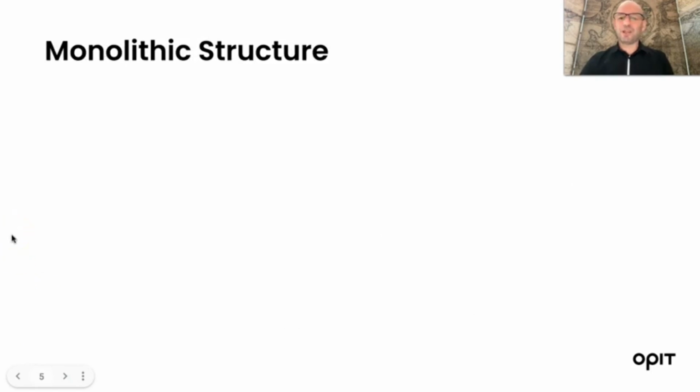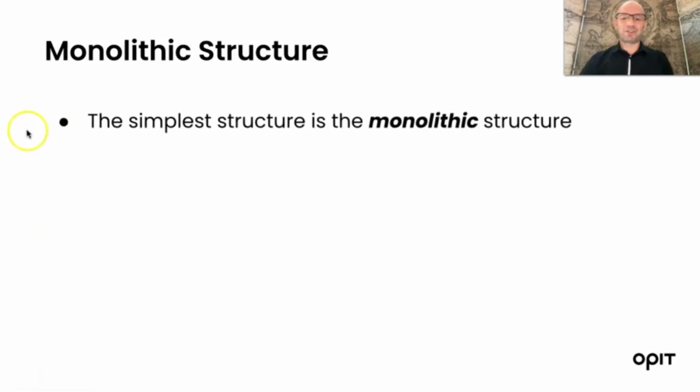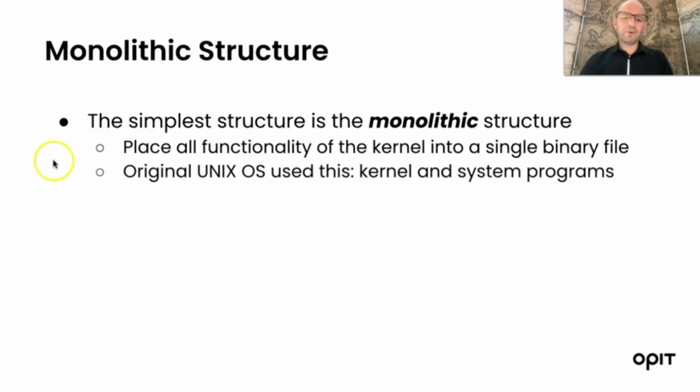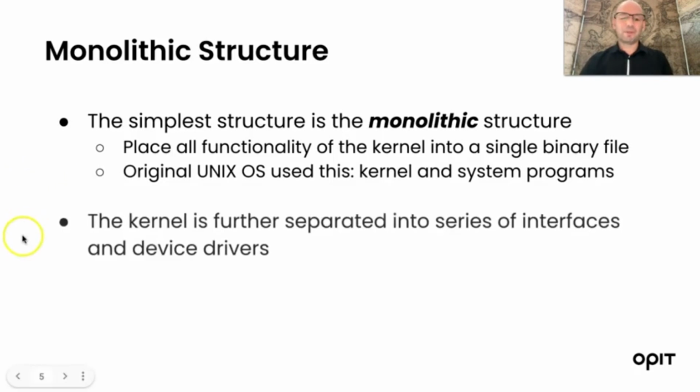The first approach we're looking at is the idea of a monolithic structure, so one big structure. The simplest structure is what we call the monolithic structure. We place all the functionality of the kernel into a single binary file. The original Unix OS used this, so it had kernel and system programs all in a single binary file.